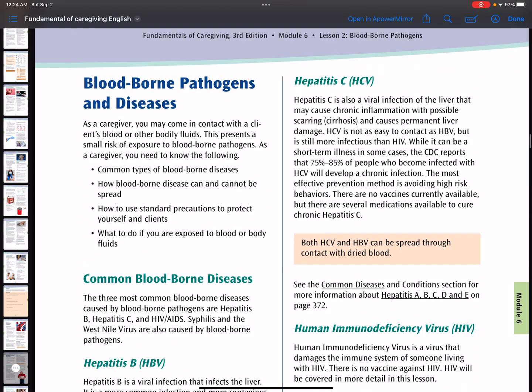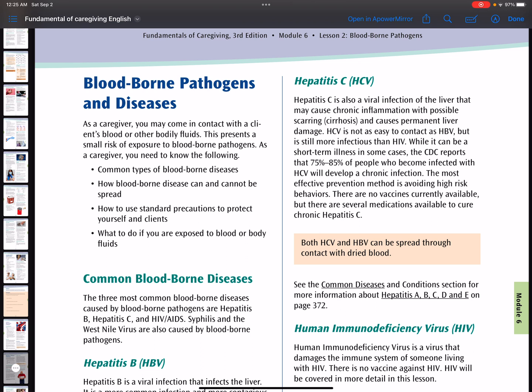How about Hep C? Hep C is also a viral infection of the liver that may cause chronic inflammation with possible scarring or cirrhosis and cause permanent liver damage. The CDC reports that 75 to 85% of people who become infected with HCV will develop a chronic infection.